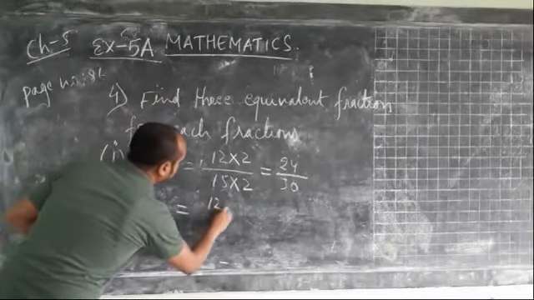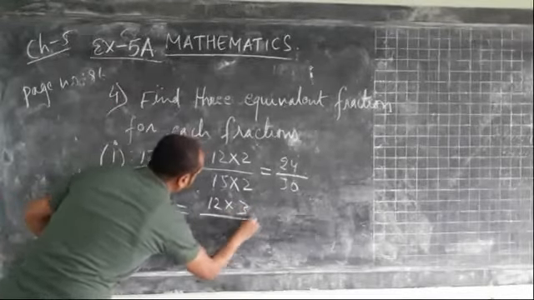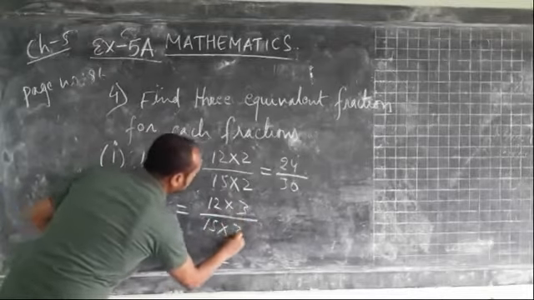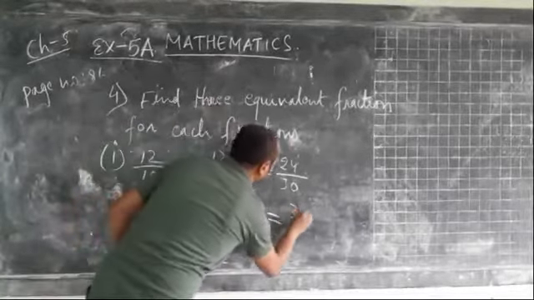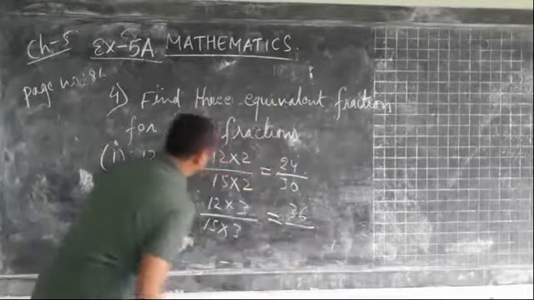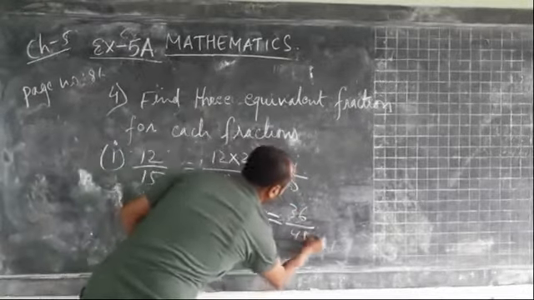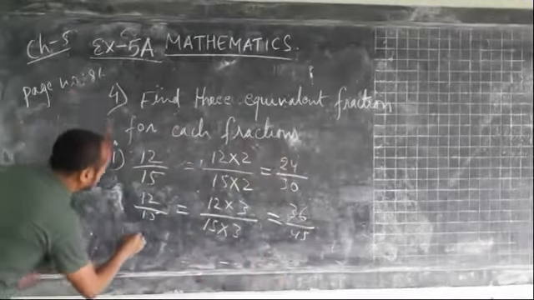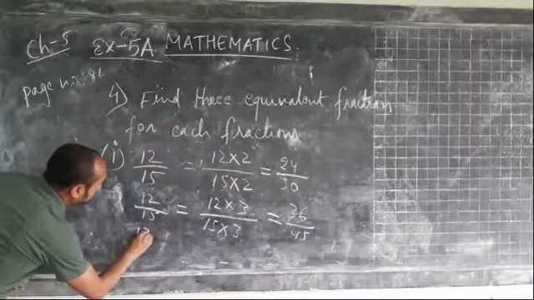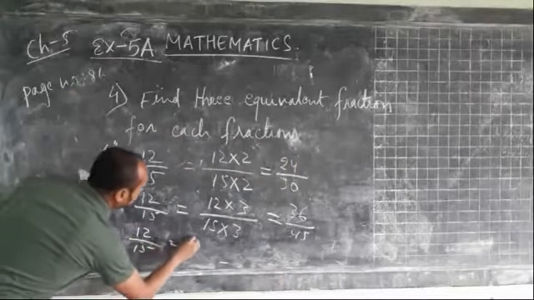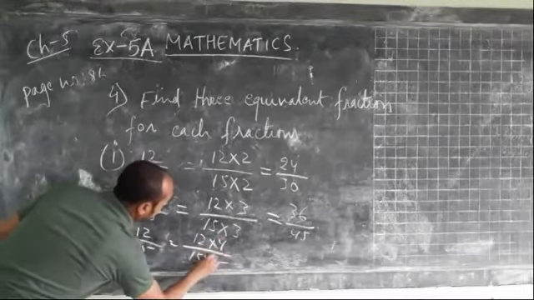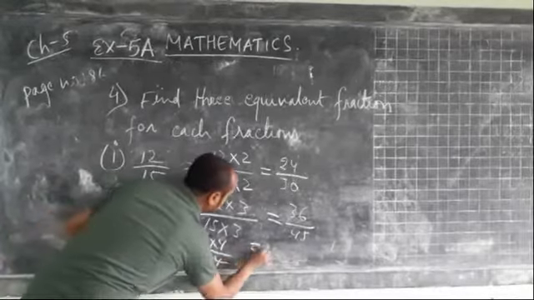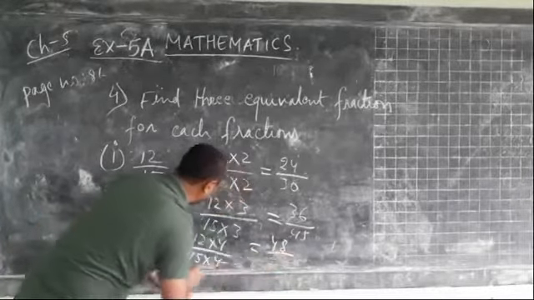Again, if we multiply this 12 into 3 by 15 into 3, we will get 12 3s are 36, 15 3s are 45. And for the third equivalent fraction, we can write 12 into 4 by 15 into 4. So here we get 48 by 60.